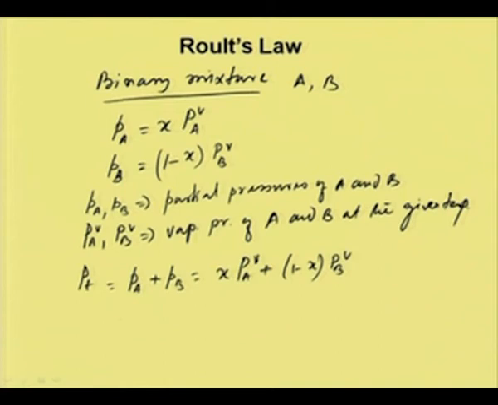So, this will give PA by PT equal to x PAV by PT, or we can write yA PT is equal to x PAV. These equations can be used to calculate the vapor liquid equilibrium data for an ideal binary mixture.